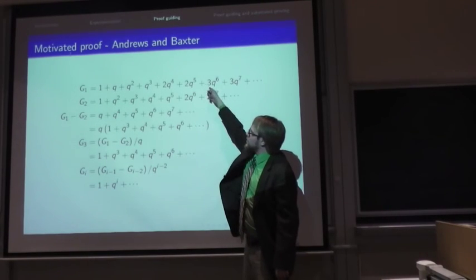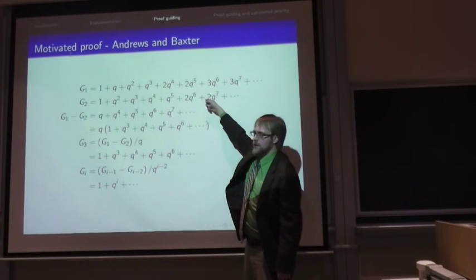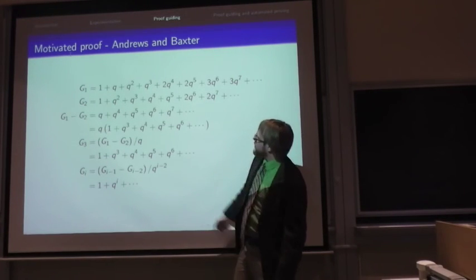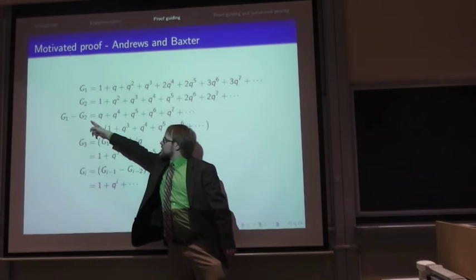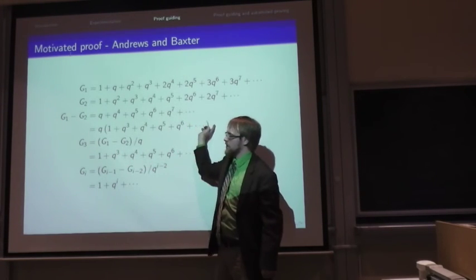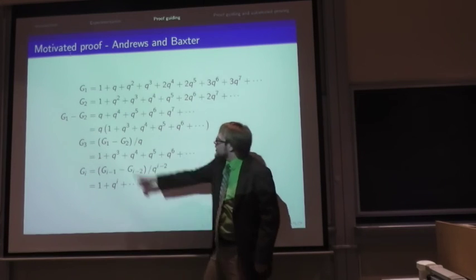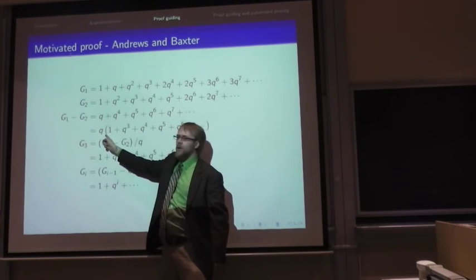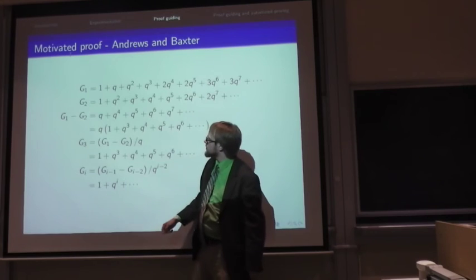So we call G1 and G2 the two Ramanujan generating functions. Well, we subtract G2 from G1, as stated before. We're going to get all non-negative terms, and it's going to start with a Q. So we can pull out the factor of Q here.